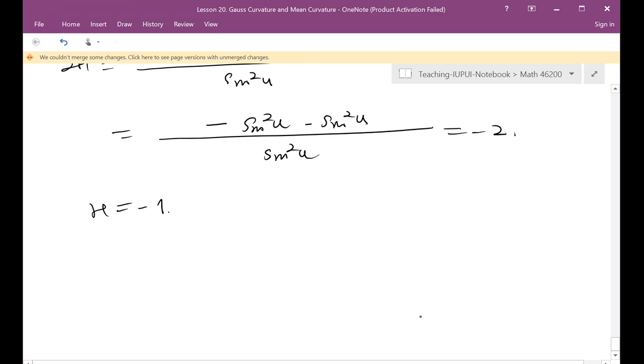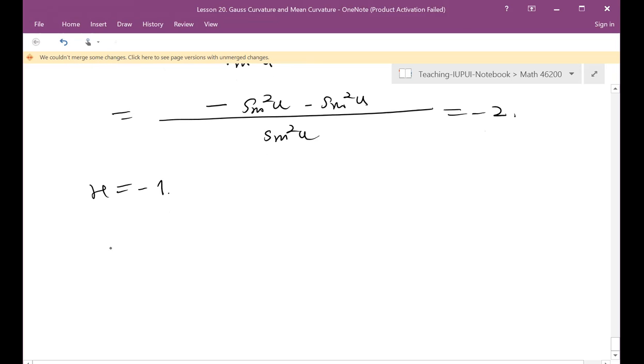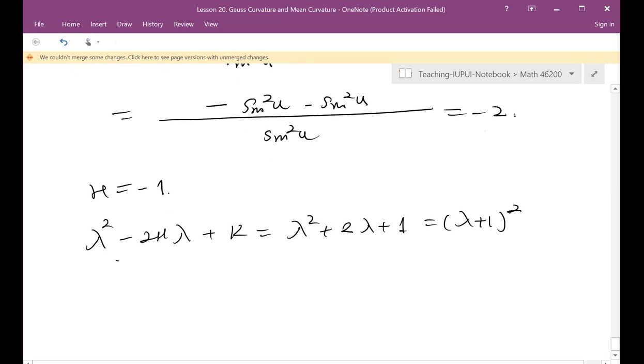So it's interesting, right? So what are the principal curvatures? The principal curvatures are given by lambda squared minus 2h lambda plus K. So it's lambda squared plus 2 lambda plus 1, which is lambda plus 1 squared.